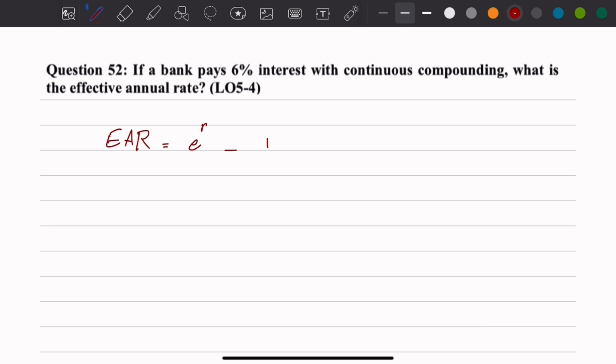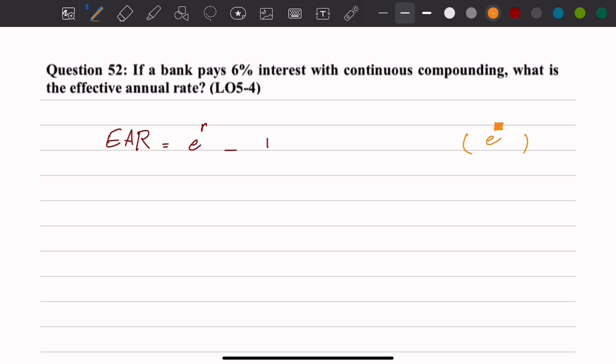All right, very simple formula, and you can simply calculate it by using your calculator, as long as you know how to locate this on your calculator. Typically it's shown something like this. In my Casio calculator, for example, it looks like an e raised to a square, and it's on top of the ln key, so all you need to do is hit shift and then ln, and you should find it.